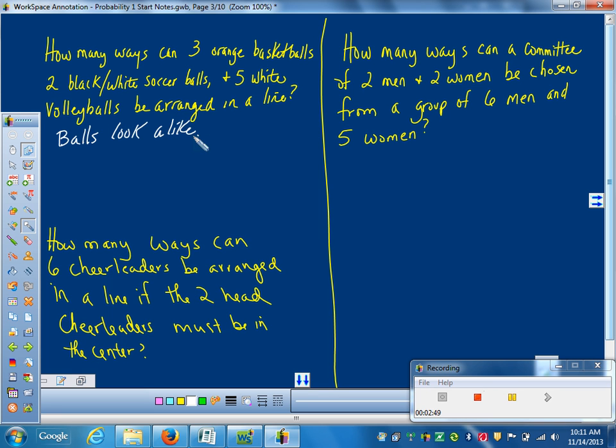You're adding them up, there's 10 total, so you're doing 10 factorial. And then it's over 3 factorial, 2 factorial, and 5 factorial. Yes, because each type of ball looks exactly the same, so you have to divide by the alike ones. And that comes out to 2,520.